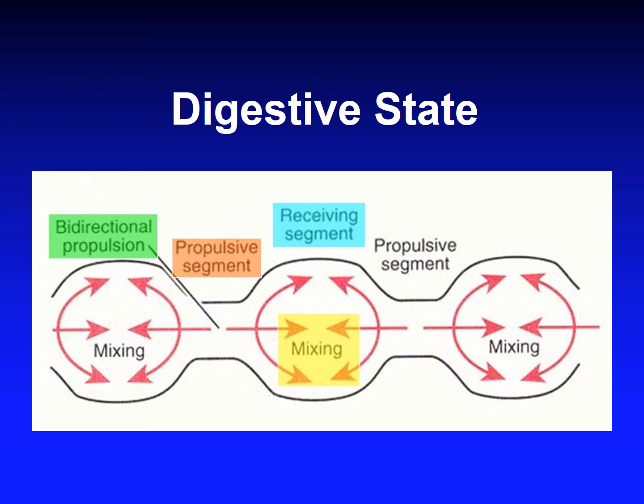This is what exactly is happening. In the one segment we have mixing, and you have a propulsion in both directions so that the material can be reduced even more in size, and then the end point will be power propulsion so it can go to the large intestine at that point.